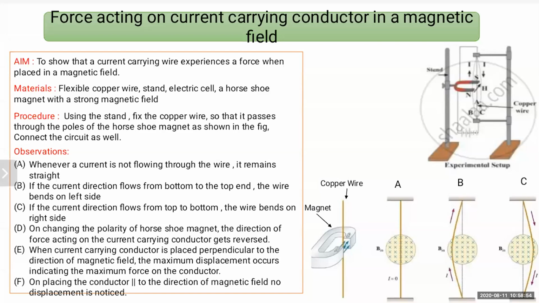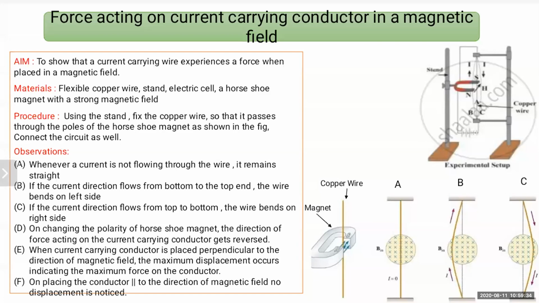And in this diagram, there is a swelling part, a bulge part, and the points C and B. If the current flows from bottom to top in the upward direction, the wire bends on the left side.